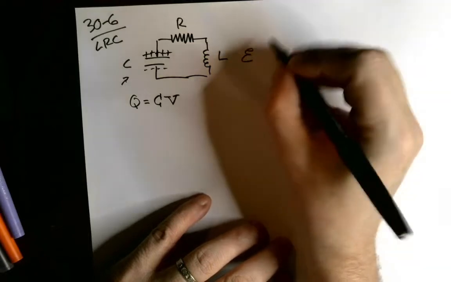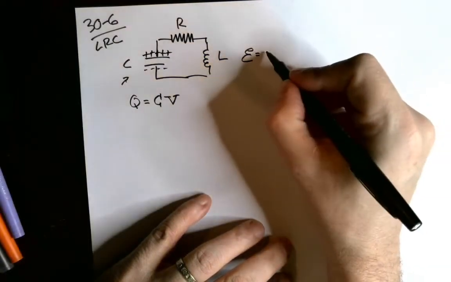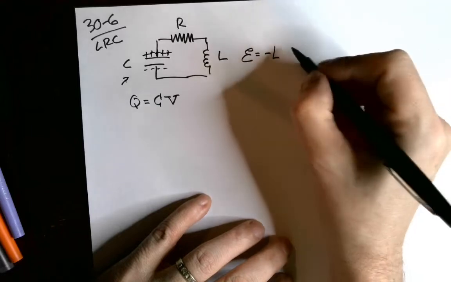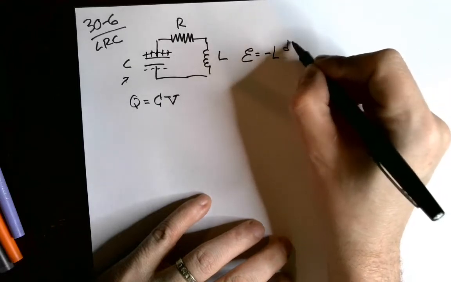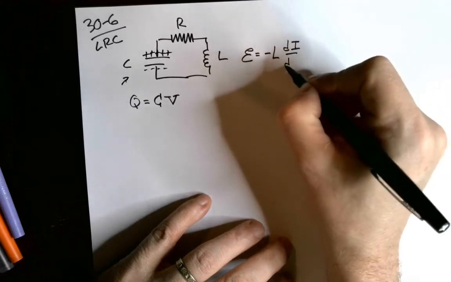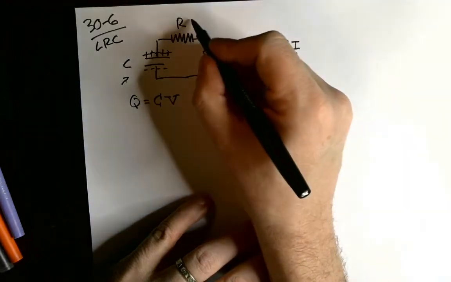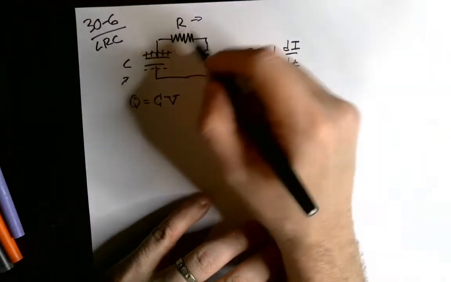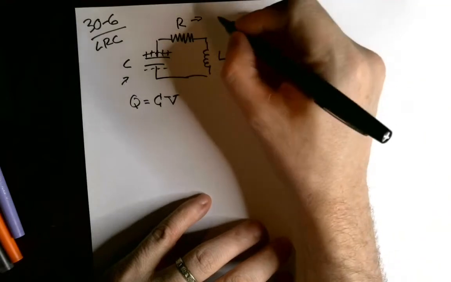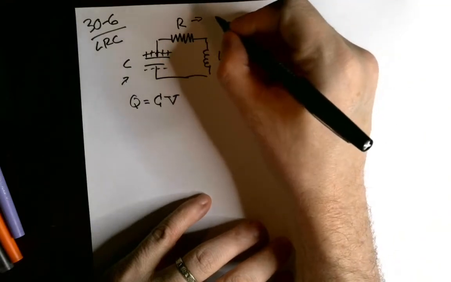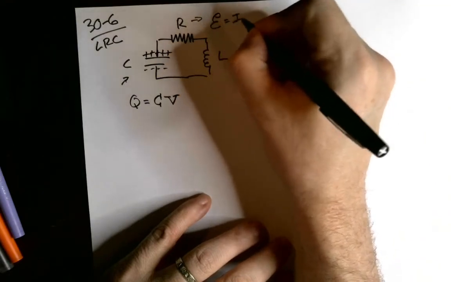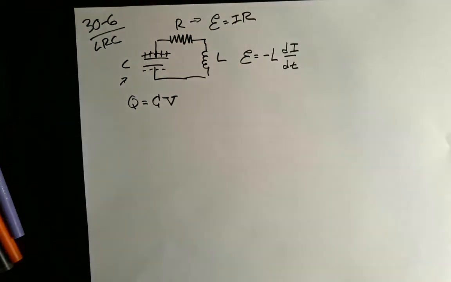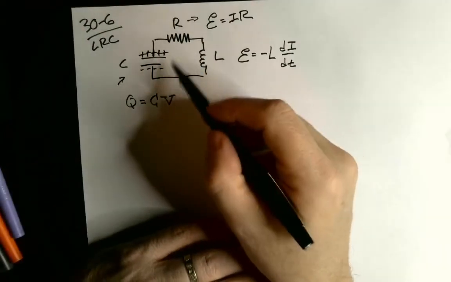The resisting EMF created by the inductor is equal to its inductance times the rate of change of the current. And the equation that governs the relationship between resistance and current is just V equals IR.